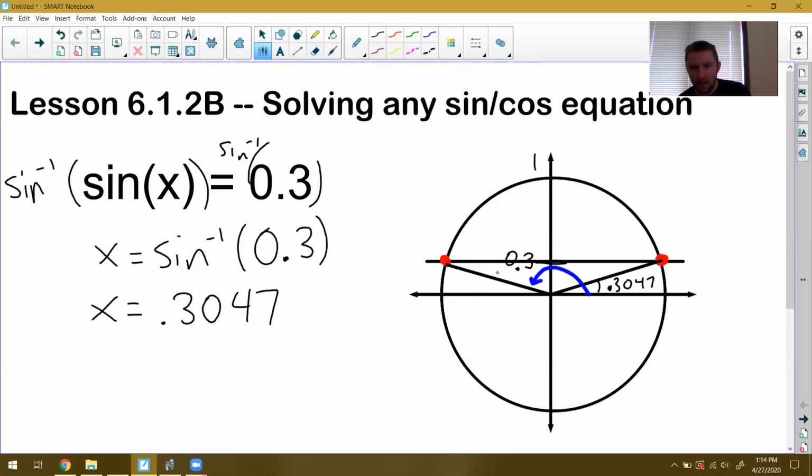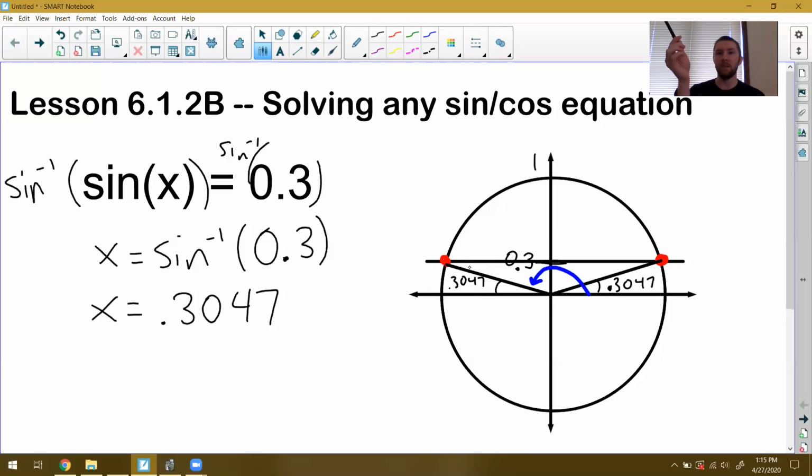So if I take this angle here between the x-axis going to the left and that black angle for my other side point that I'm looking for, where the sine of x is 0.3, this little angle is the same as this little angle, right? So this one here is also 0.3047. Those two angles are going to be exactly the same, just because of the nature of the unit circle, all right? And they always will be the same.